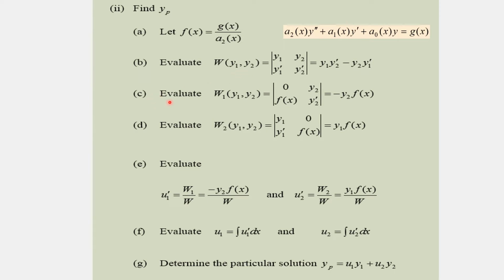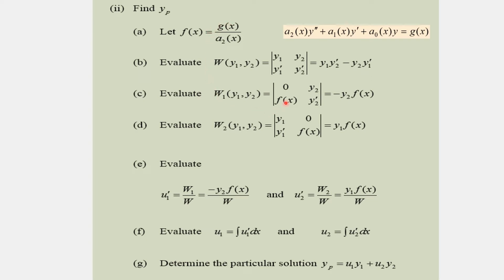Step C is to evaluate W1 of the two functions y1 and y2. Now what does this number 1 denote? This number 1 denotes that you have to alter column number 1 in W. In W, column number 1 is y1, y1 prime. Now you have to replace it by 0, f of x. What is this f of x? You get it from step A. Whatever value you got over there, you put it into this part of W1.